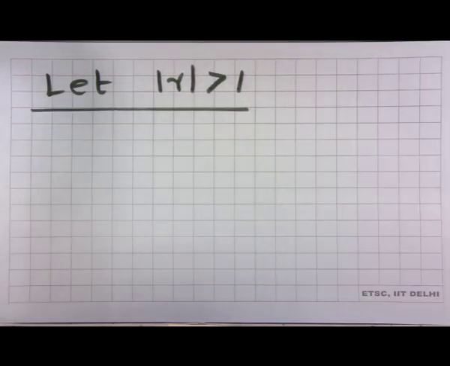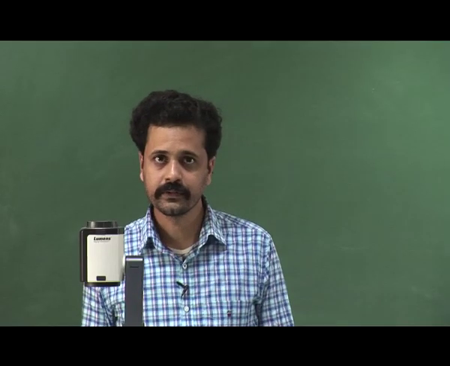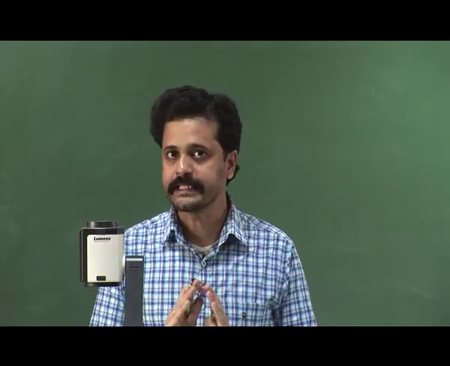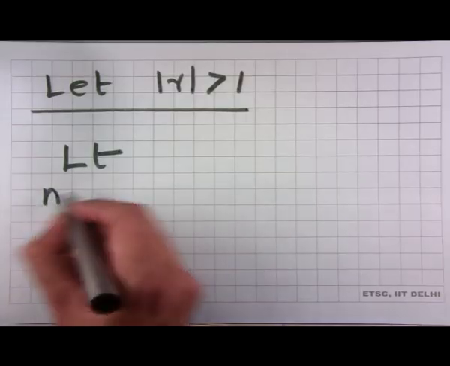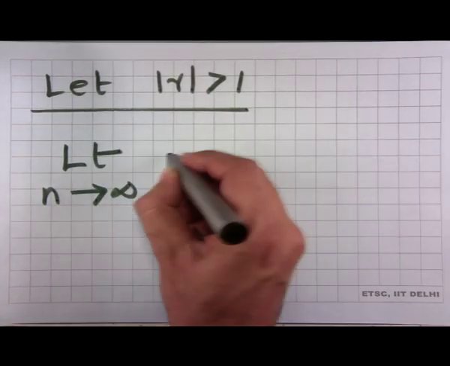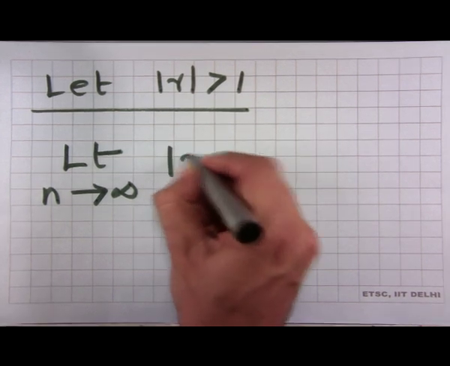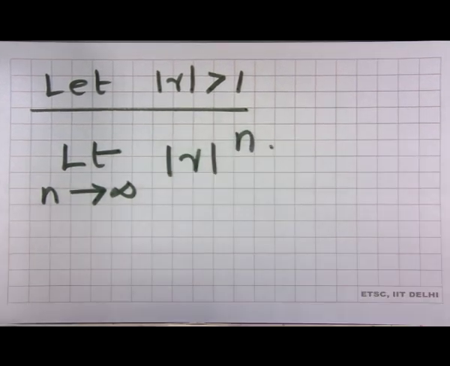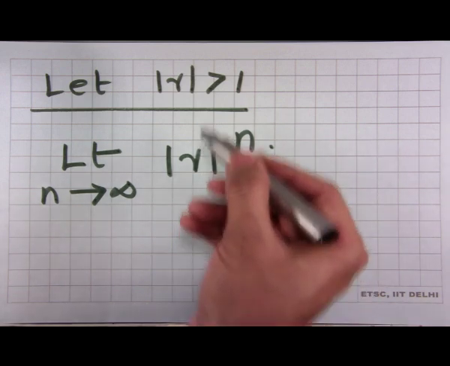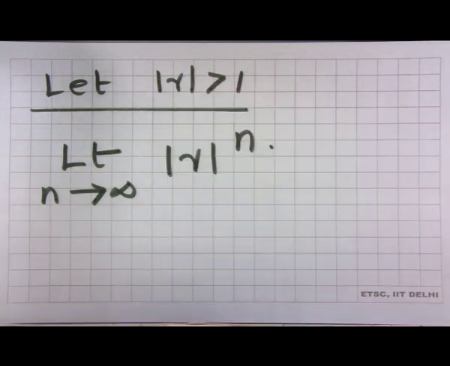R can be positive or negative, but in magnitude it is greater than 1. Now see the limit as n tends to infinity of |r|^n. Since r is outside (-1, 1), |r| is greater than 1.